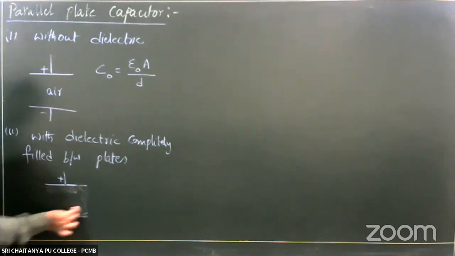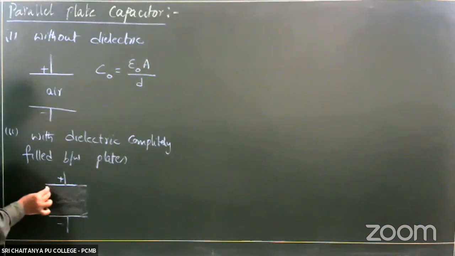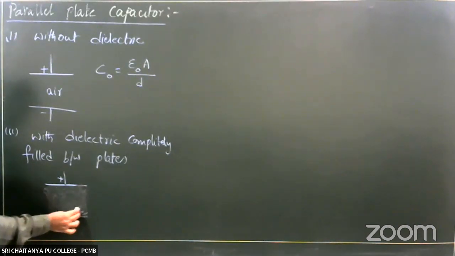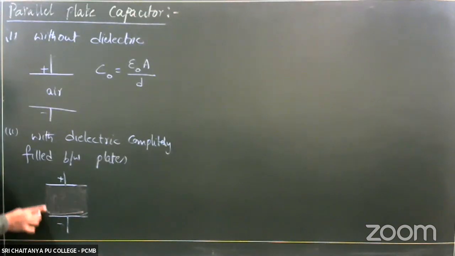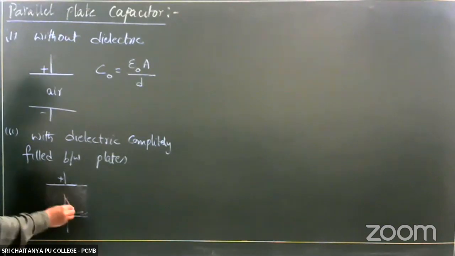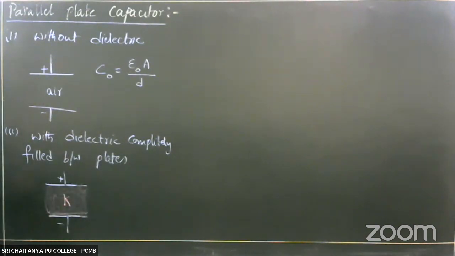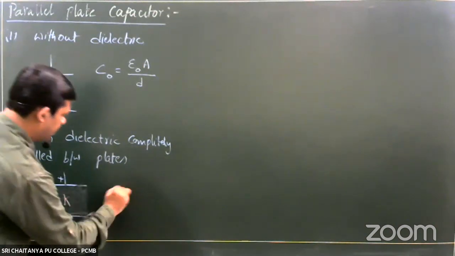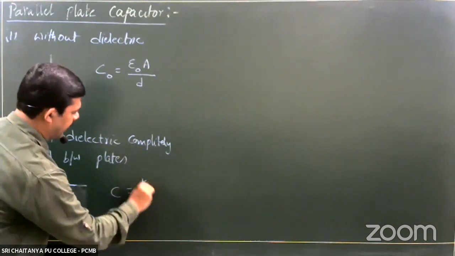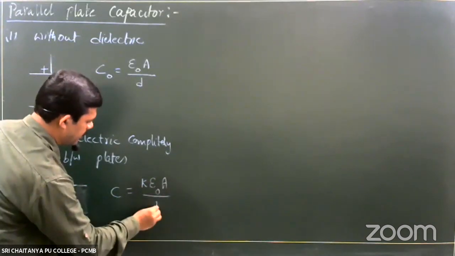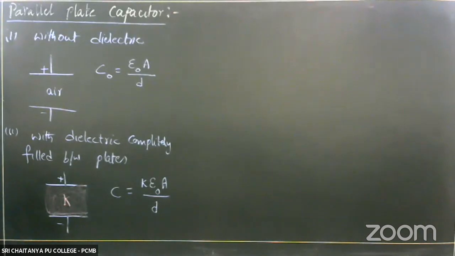The space between the plates is completely filled with a dielectric whose dielectric constant is K. This gap is completely filled. Then C is K epsilon naught A by D. Right? This is what we discussed yesterday.